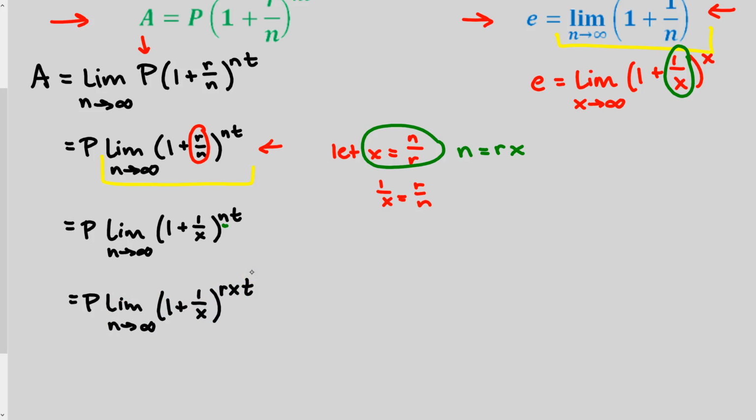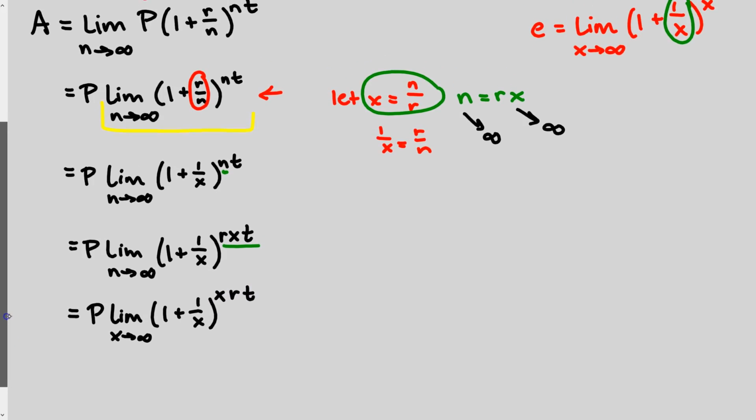Okay, then the next thing is that if n is heading toward infinity, and r is just a finite number, that's our interest rate, then r times x is also heading toward infinity, and so x is heading toward infinity. So I can change my limit to say x goes to infinity instead of n. Also, remember that multiplication is commutative, so we can rearrange the order of those letters. So that could be written as xrt.